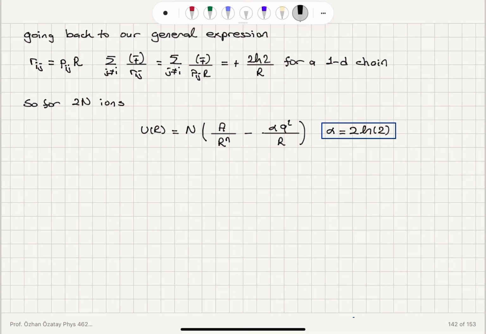Okay, so Madelung constant alpha here is basically sum over j not equal to i minus plus divided by Pij, and that is equal to plus 2 natural logarithm 2.